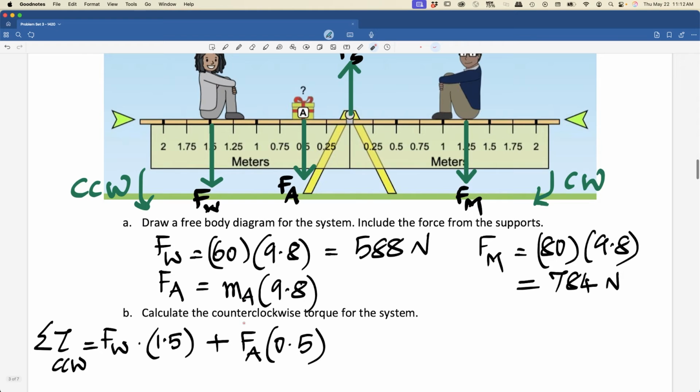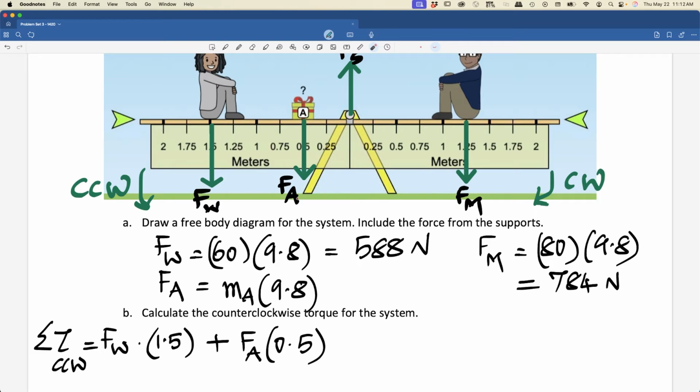So the torque due to this has to be this force times this distance. The force of the woman, which is the weight we already calculated, is 588, multiplied by this distance, which is 1.5. That is the counterclockwise torque due to the weight of the woman.